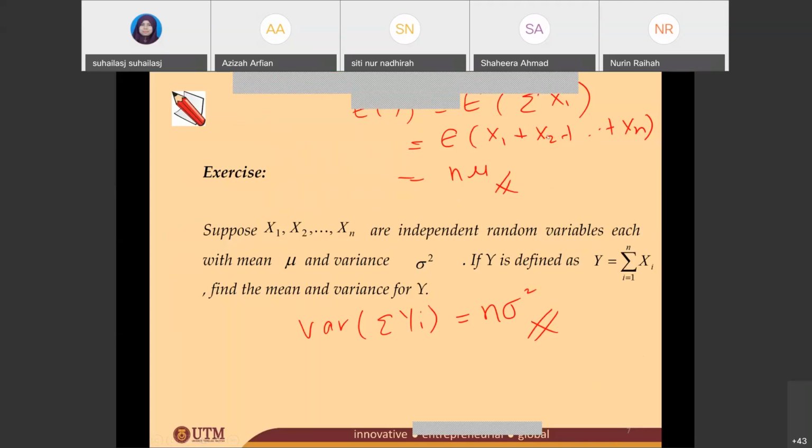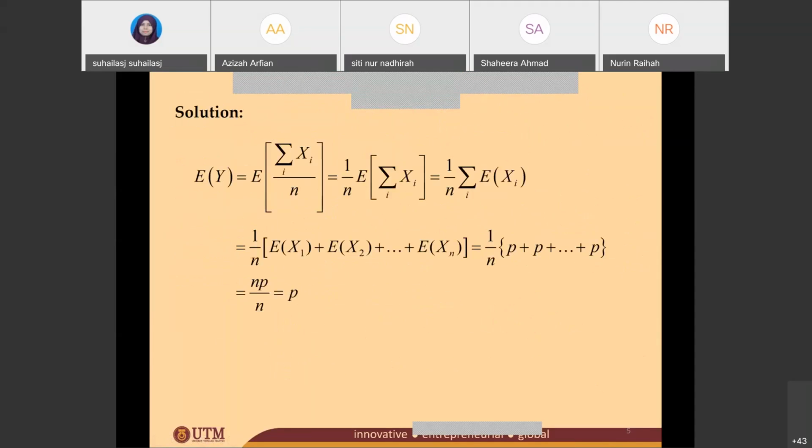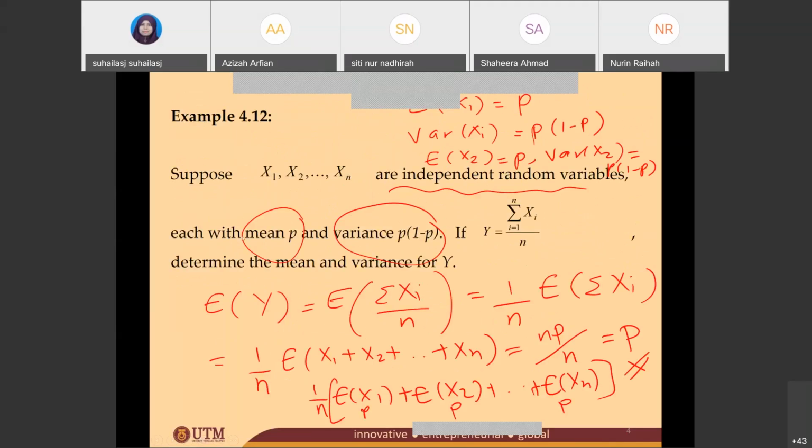Okay, kamu susun dulu. Let's say katakan macam contohnya yang ni. Okay, kalau contohnya kat sini, sebab dia dah cakap X1, X2, Xn are independent random variable each with mean P and variance dia. So that means setiap value variable kamu tu, mean dengan variance dia sama. Okay, bila mean dengan variance dia sama, so sekarang kita ada a linear function which is summation Xi over N. N is your constant je. Okay, kita boleh carry out lah.